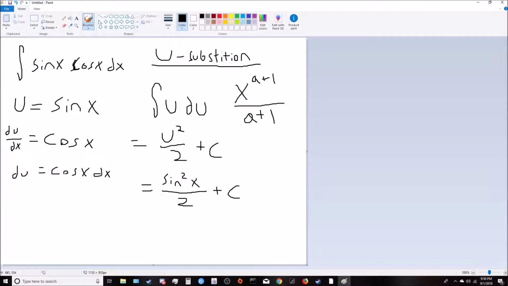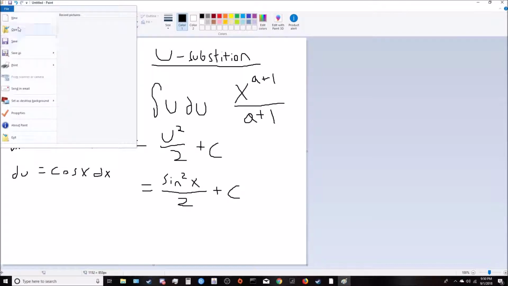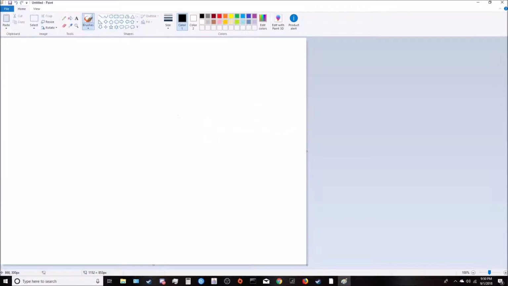And there is your integral. But now I'd like to try another example, one a bit more complex. Let me create a new sheet here. And here's the problem. We want to find the indefinite integral of the sine of the natural log of x, all divided by x dx.